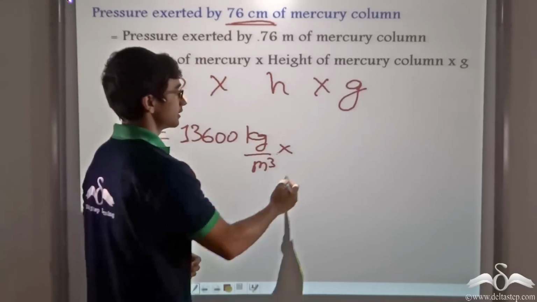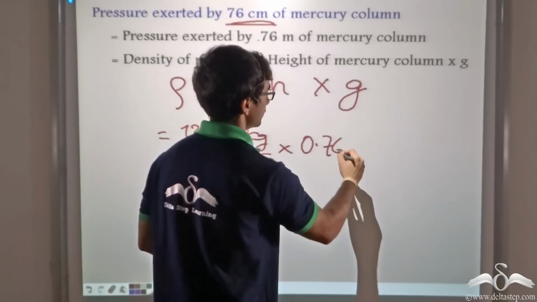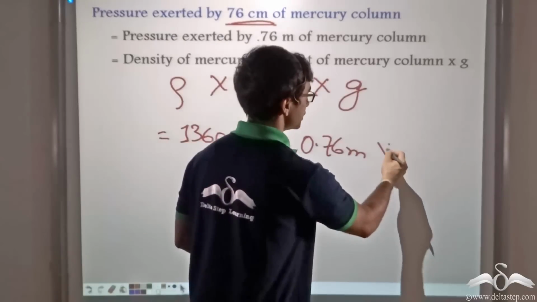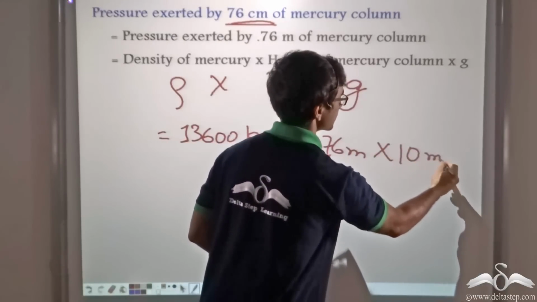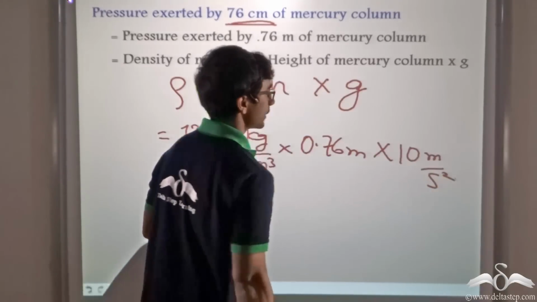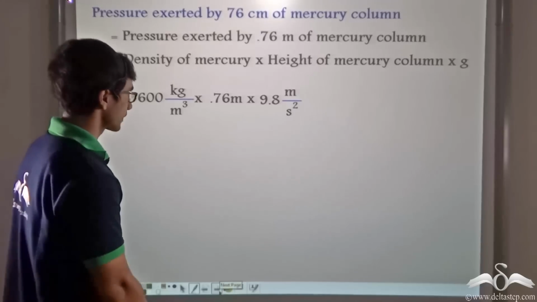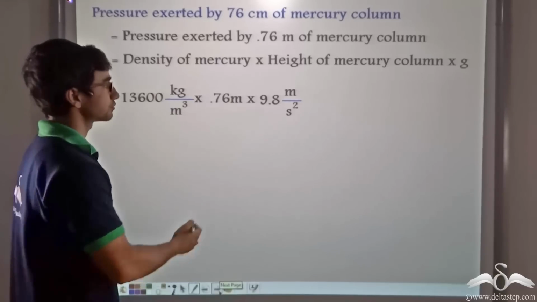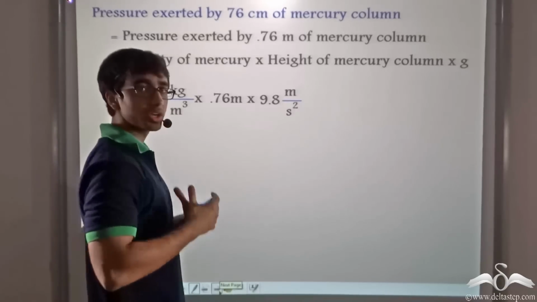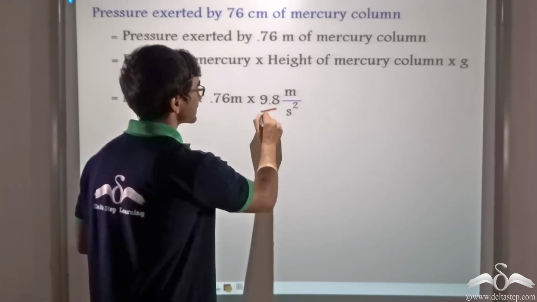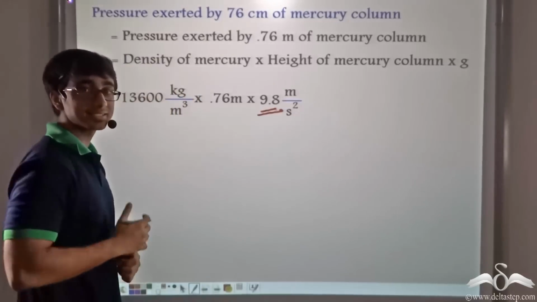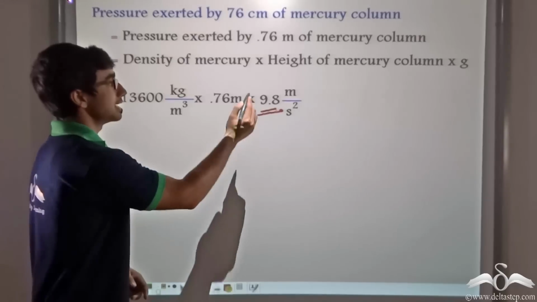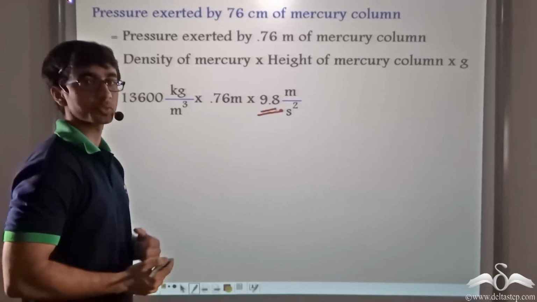So converting it into SI unit, it will be 0.76 meters. And the acceleration due to gravity is 10 meters per second square. So thus, we have this equation as I showed you. Now over here, for more accurate calculation, the acceleration due to gravity is not taken as 10 meters per second square. Instead, its actual value, that is 9.8 meters per second square.